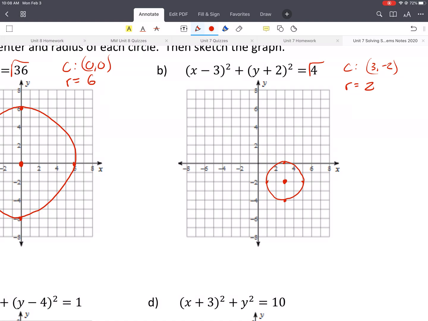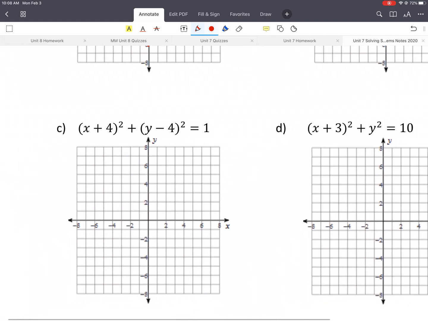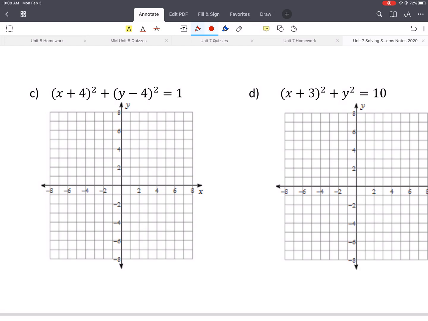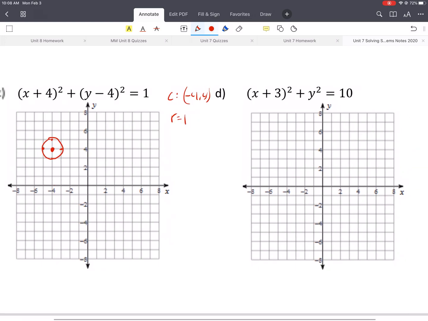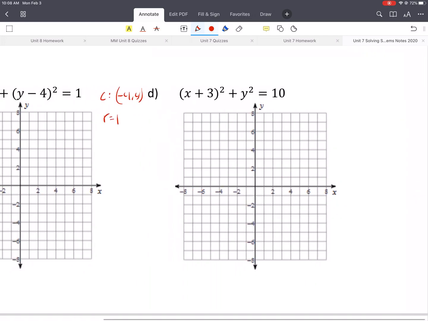All right, try and see if you can do these two by yourself. Here our center is (-4, 4), with a radius of 1. Make sure you write all that stuff down.